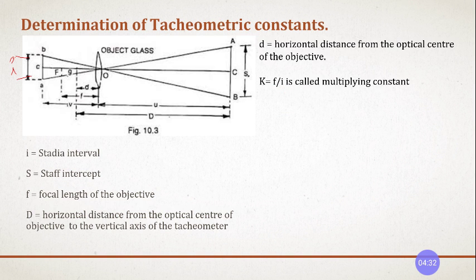Next is C, F plus D. F plus D will give the additive constant, that is C. We will not go deep into the derivation, just understand it. K is in the range of 50 to 200, the multiplying constant, right?